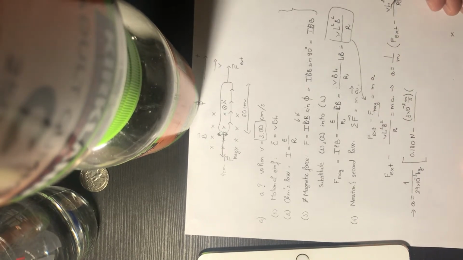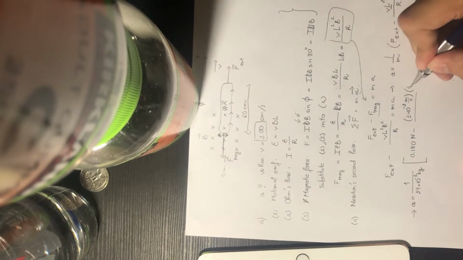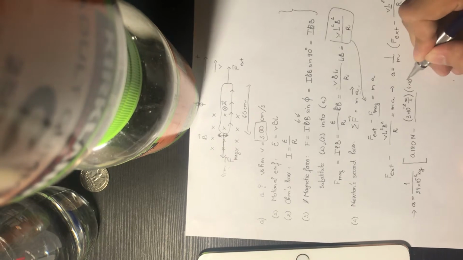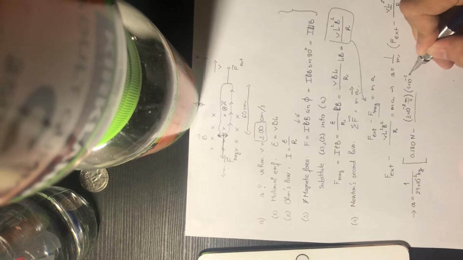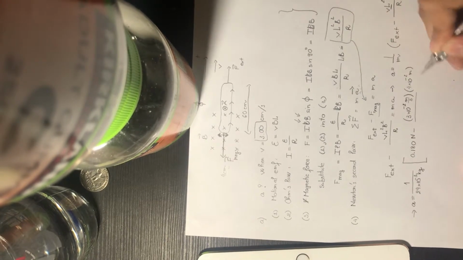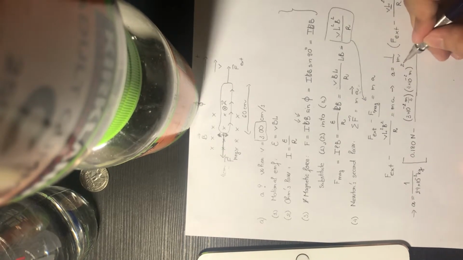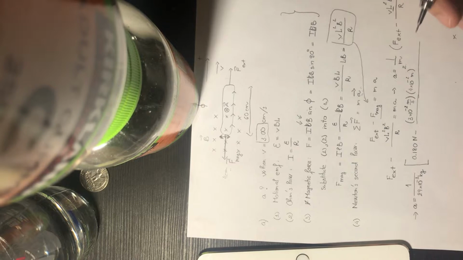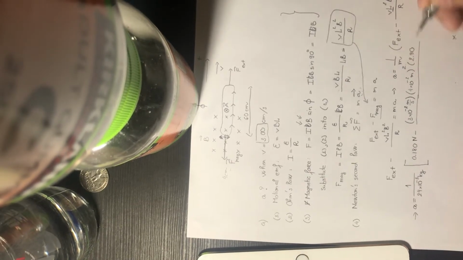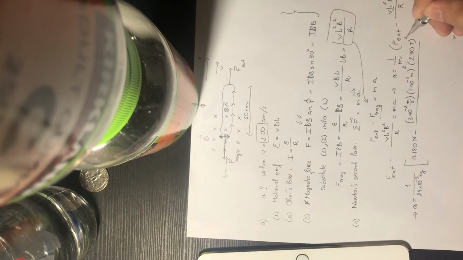And then the L is 4 centimeter. We also have to convert to meter. Don't forget the square. And the magnetic field is 2.90 T, square.